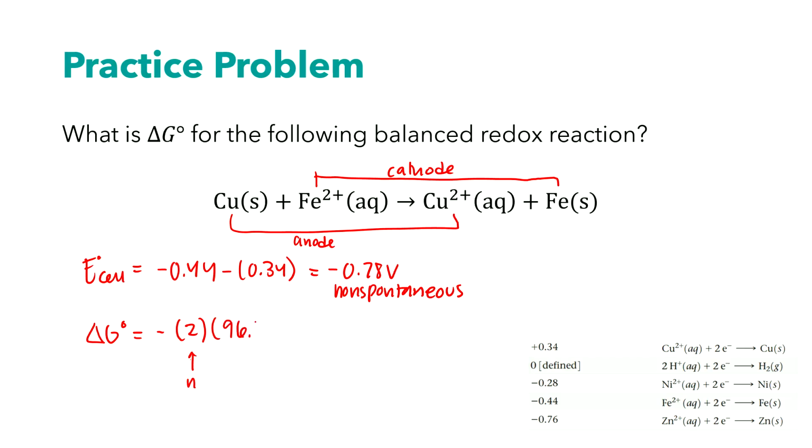I'm going to use my 96.485 joules per volt mole and plug in negative 0.78 volts. So that gives me 151 kilojoules per mole.